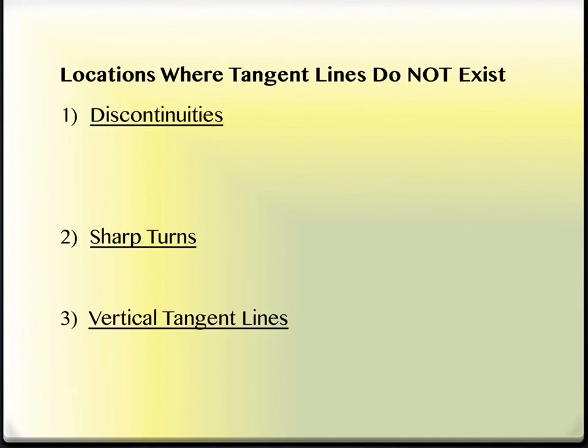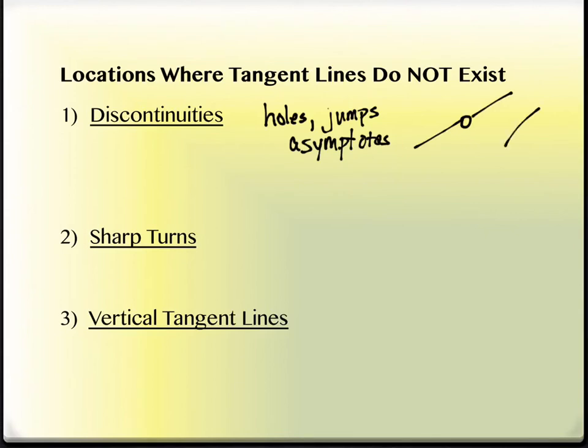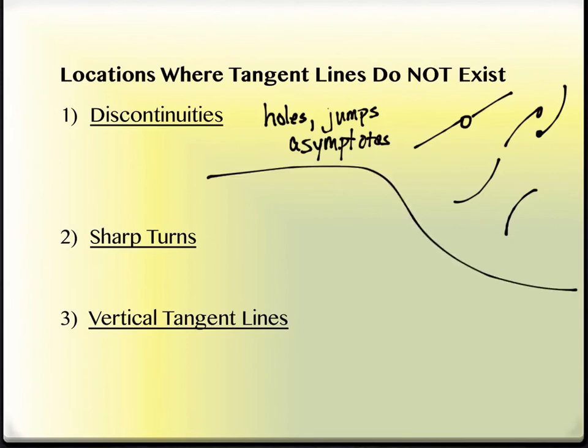So discontinuities means we're talking about holes, any holes, or jumps, or actually asymptotes as well, because that would be a break in the graph too. And of course, we're looking at things like this. It's a jump, or we have an asymptote going like that. So none of that will work. No derivatives at those points.